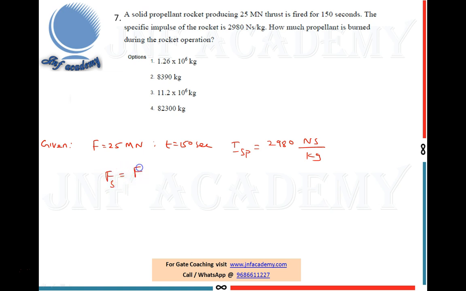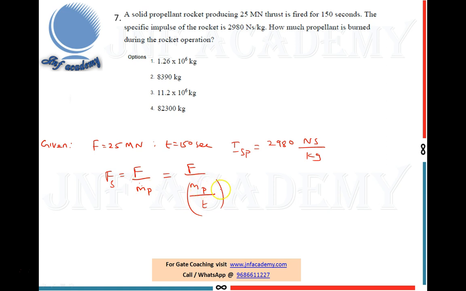Fs is equal to thrust divided by m dot p, the mass flow rate of propellant, that we all know. So F divided by mp, the mass of propellant, because that's what we need to find out, right? They asked how much propellant is burnt, so how much mass of the propellant is burnt, that's what we need to find out. Mp we have to find out, divided by T. So this is nothing but mass flow rate.